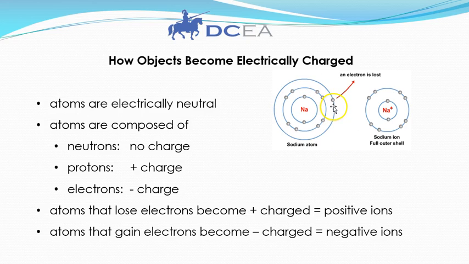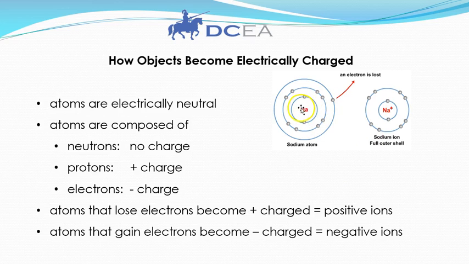That electron is lost, and when that's lost, the atom actually becomes a sodium ion with a positive charge, and it only has these 2 rings, or 2 shells as they call it.